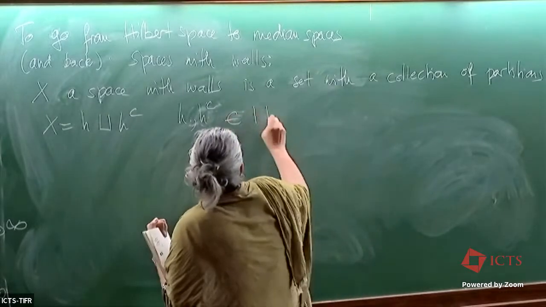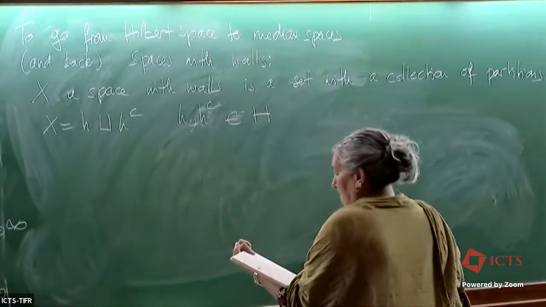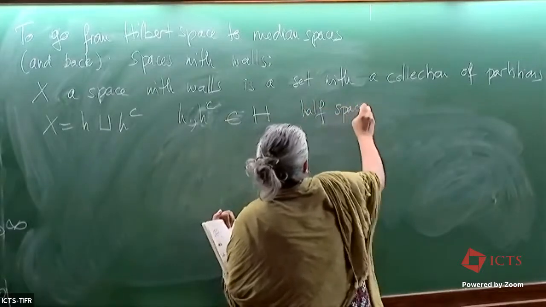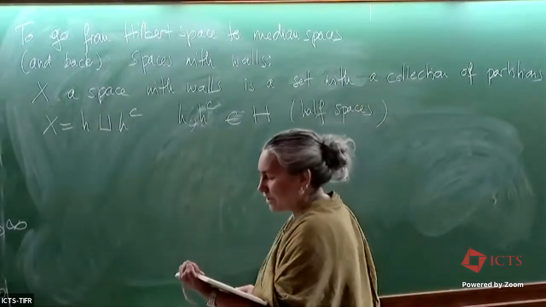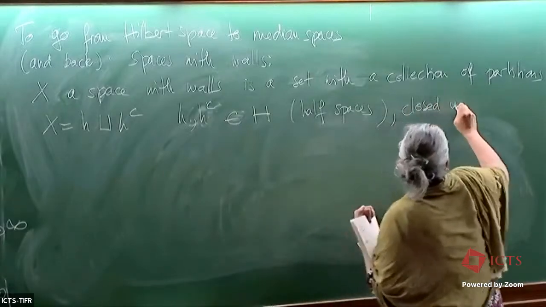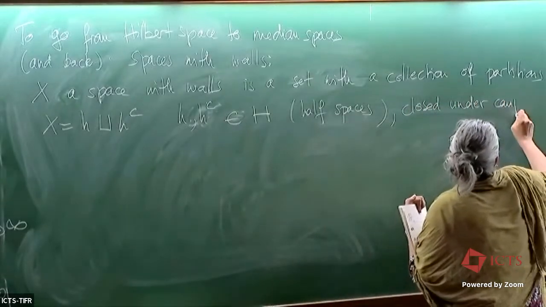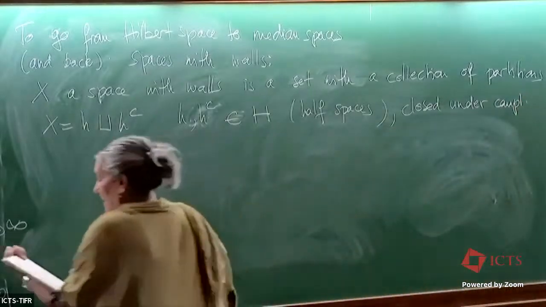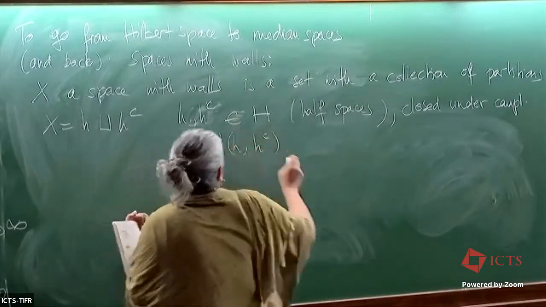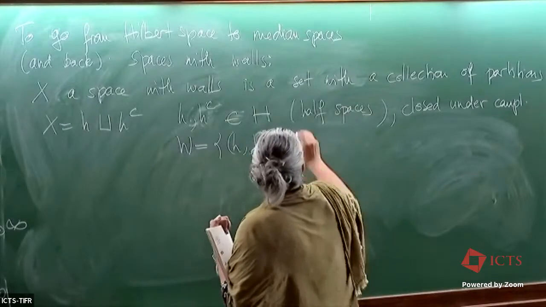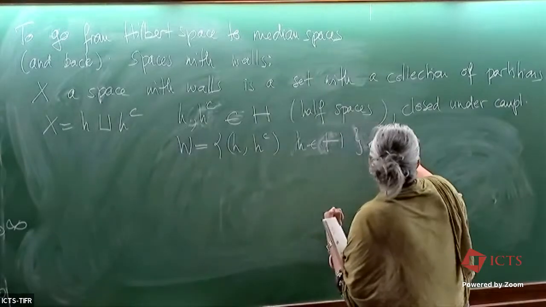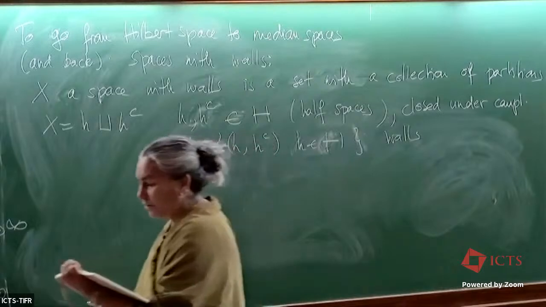Okay, we'll just call it H like this. This is the set of half spaces. So you have a collection of half spaces, and you want it closed under complement. And you're going to have walls, which are a pair of half spaces.